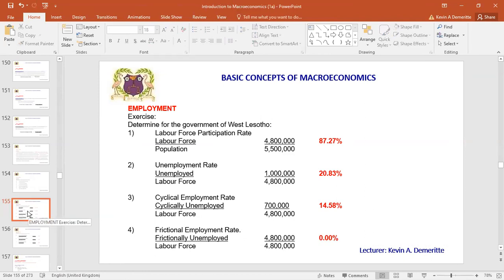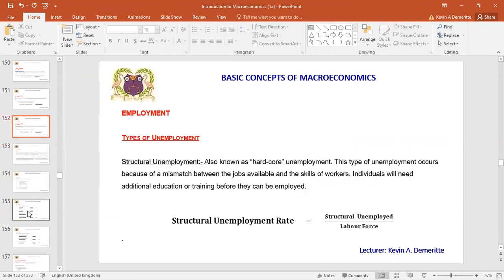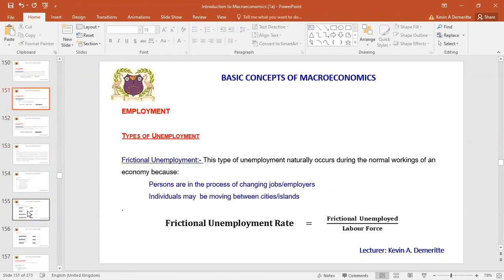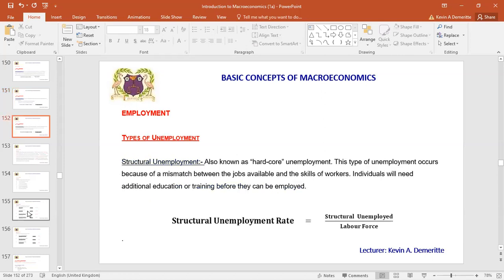All right, so frictionally unemployed. How do we define these kinds of people? Frictional unemployment is the type of unemployment that occurs naturally, because during the normal workings of the economy, people are moving between jobs, moving between cities, moving between islands. So let's go to our scenario.